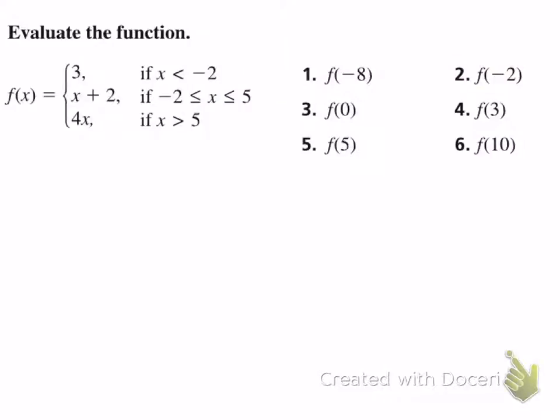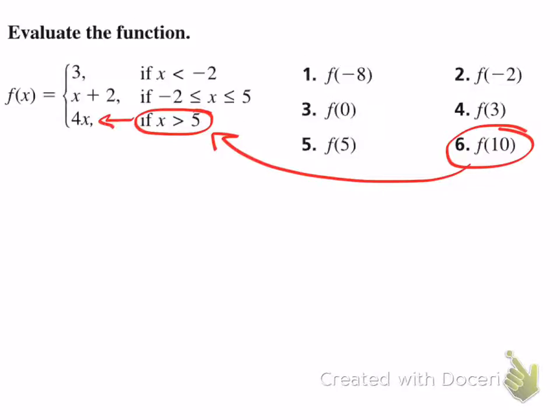Get a clean board. Which domain restriction, Shaylin, will satisfy when x is 10? X is greater than 5. So because this is the domain restriction, I have to use this equation. Because we're looking at the f of 10, I'm going to use the f of x equals 4x.